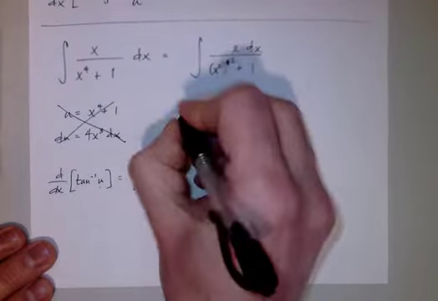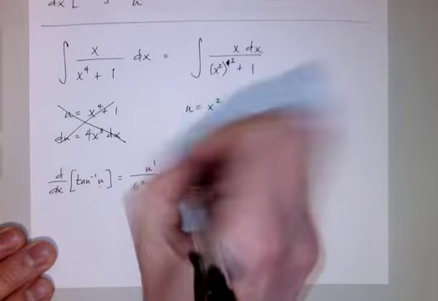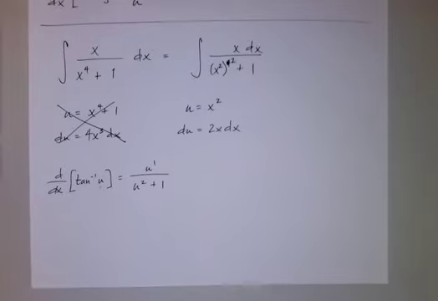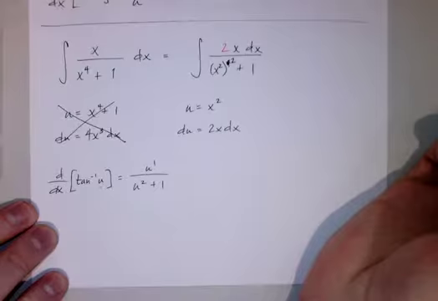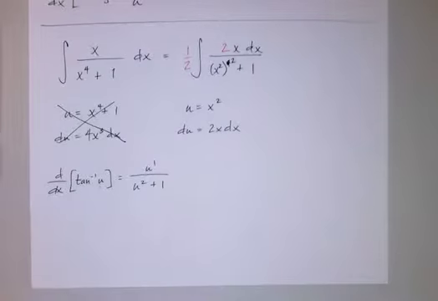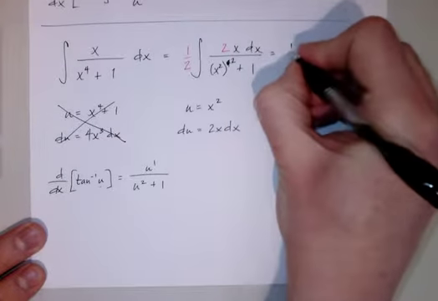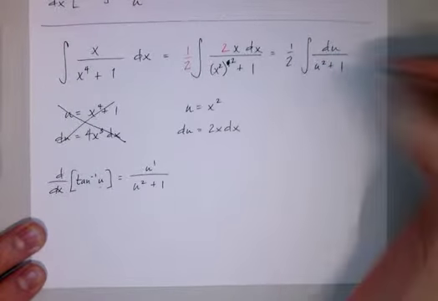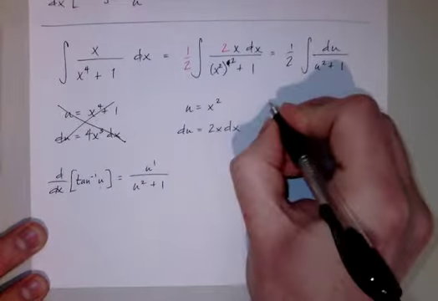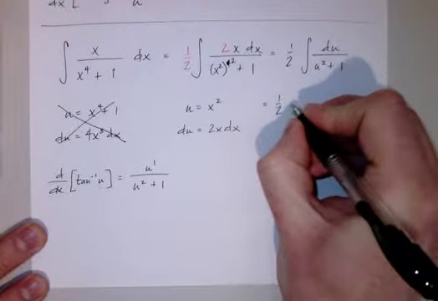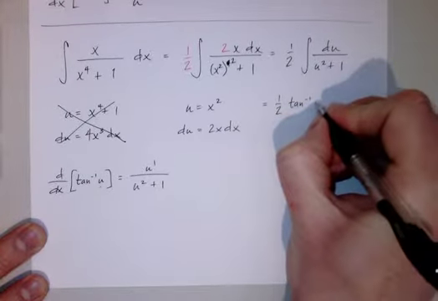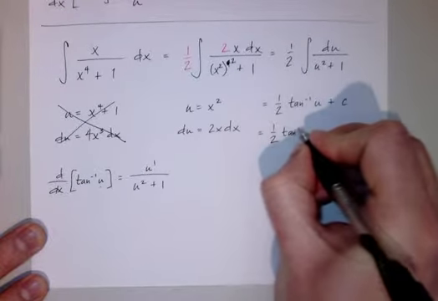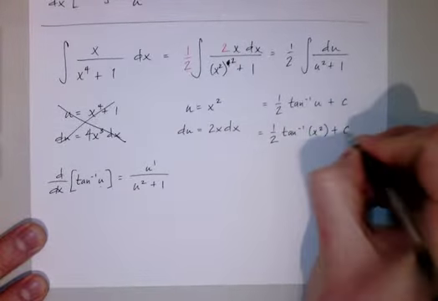Well, that makes my candidate for u x squared, and my du 2x dx. That actually works because I can put a 2 right there, pop a 1/2 out in front, and all of a sudden I have 1/2 du over u squared plus 1, and that is going to integrate very, very easily into 1/2 inverse tangent u plus c, or 1/2 inverse tangent of x squared plus c.